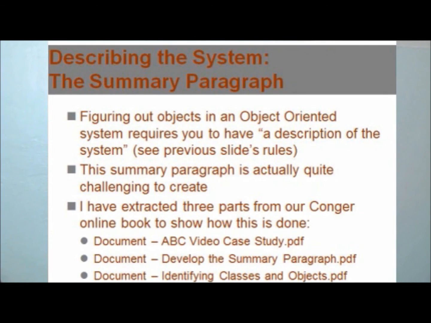Step 1, though, got to write all this out for what your system's going to do. And that's called the summary paragraph. And so you need to describe the system. And in Moodle, I've put 3 examples of how to get that done. So this summary paragraph is actually really quite difficult to do. And so what I've done is I've posted in Moodle a case study document, how to develop the summary paragraph, and then how to identify classes and objects.